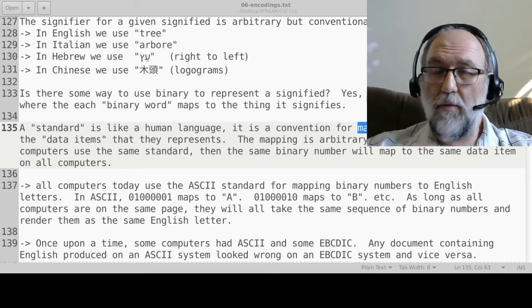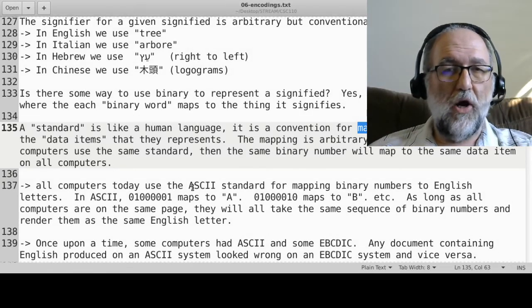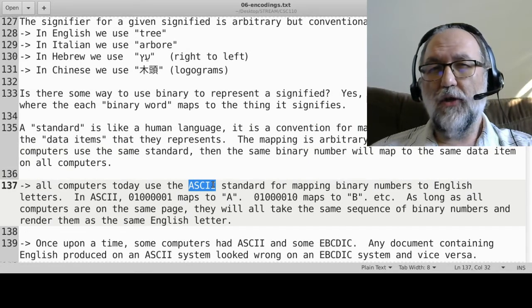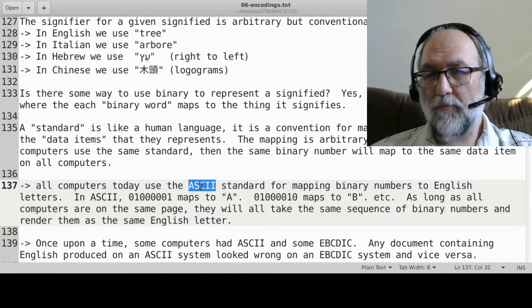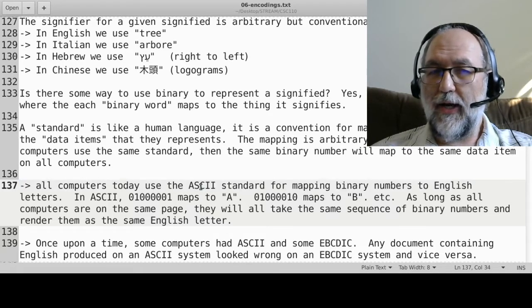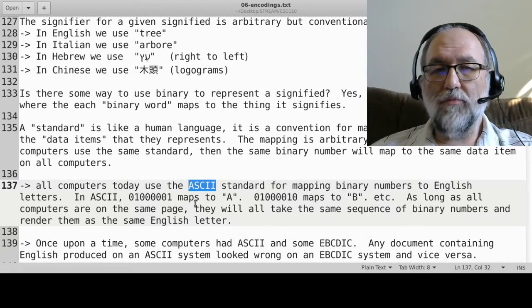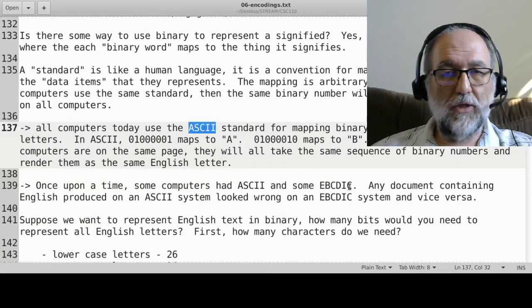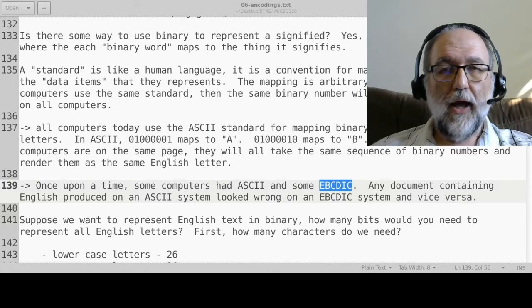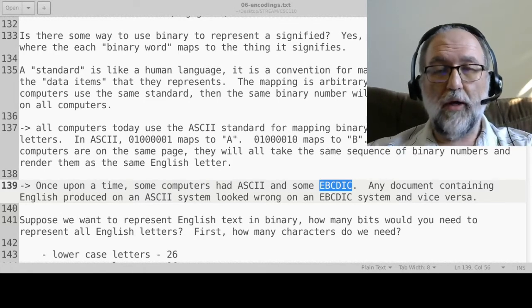If you used a computer that worked with one standard called ASCII, and you took files created on an ASCII computer to a computer that worked with the other encoding, and that's right here, the files wouldn't work.